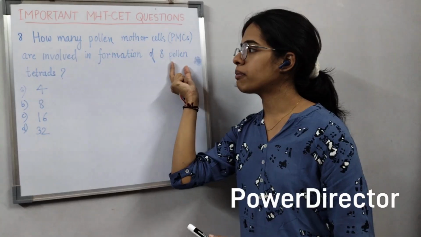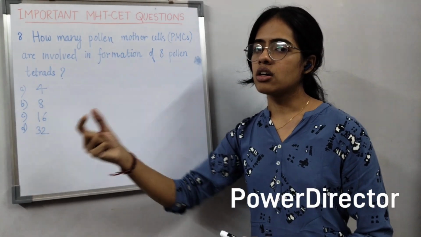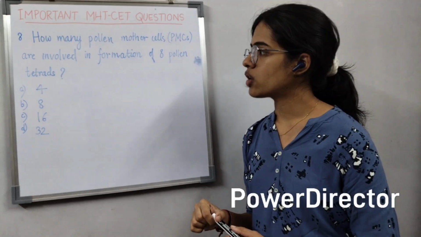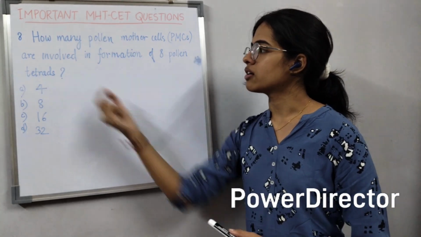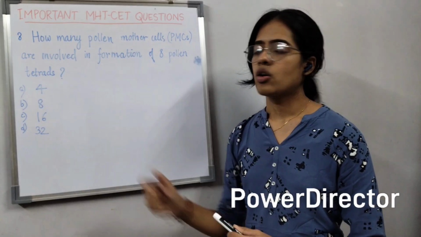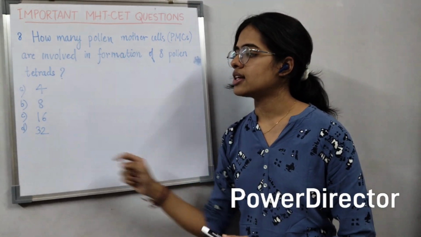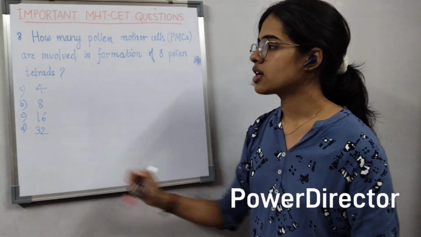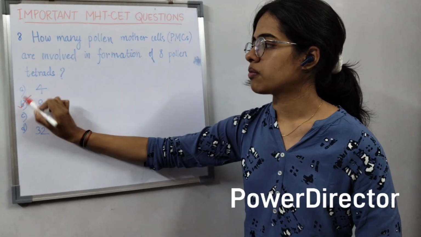Okay, you are familiar with pollen tetrads. That is the formation of 4 pollen grains. Okay, so it is a pollen tetrad. The options given 4, 8, 16, 32. The correct option is 8.